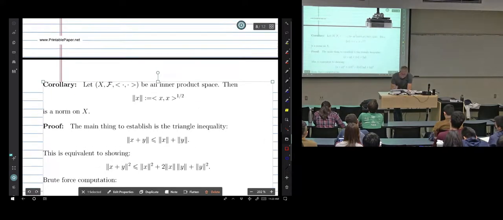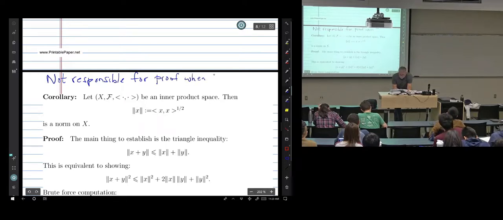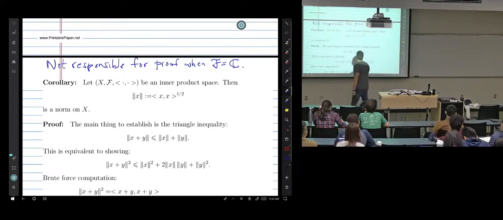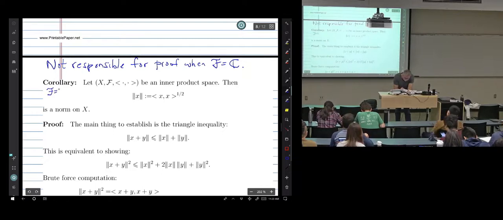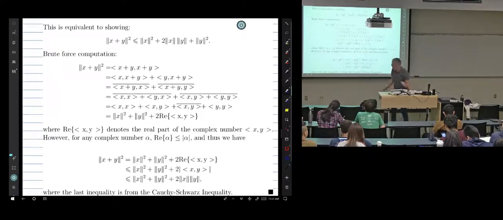You're not responsible for the proof when F equals the complex numbers, but this is F equals R or C. Just make a note that I pasted it in.